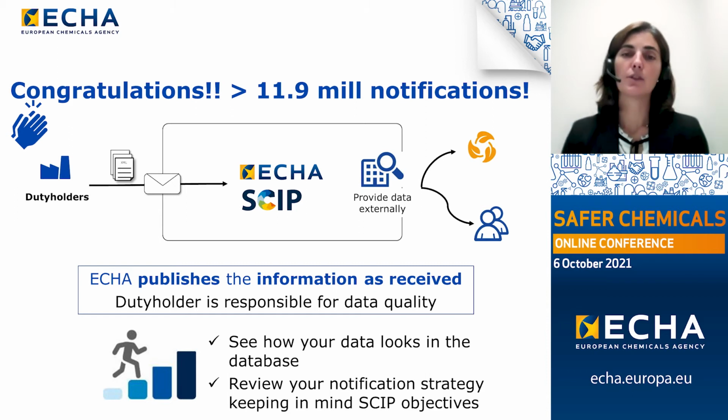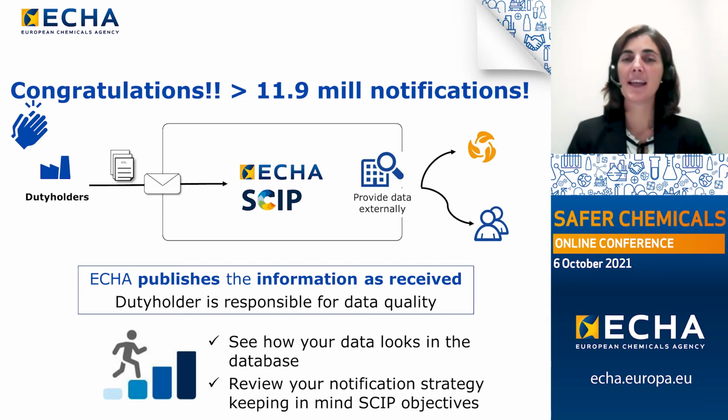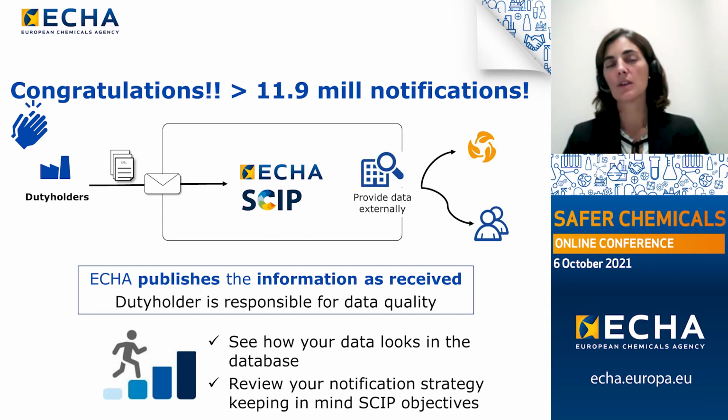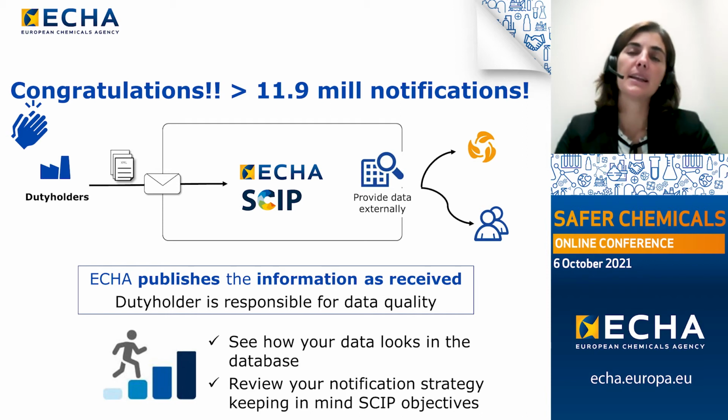So now that you can start to see how we are disseminating data, we encourage those of you that have started to see how your data looks in the database, and to review if your notification strategy is supporting the main SCIP objectives.